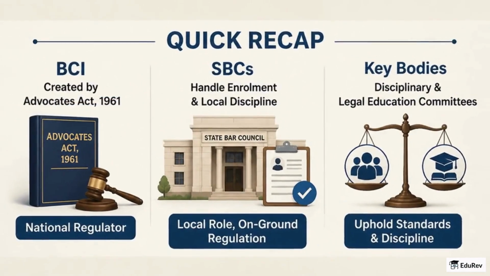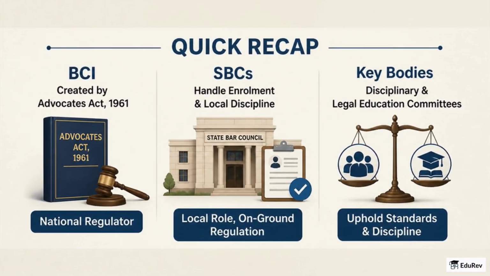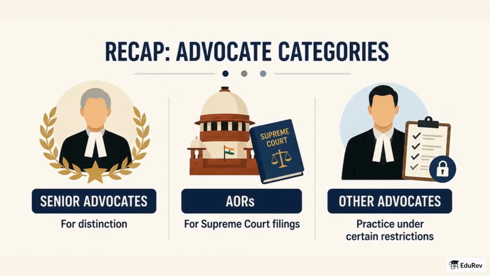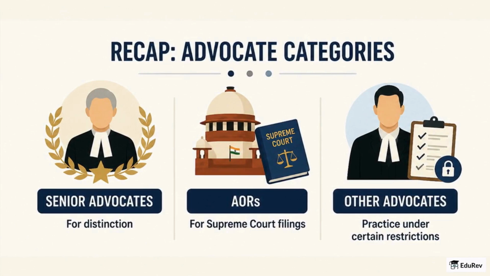Quick recap. BCI, created by Advocates Act 1961, National Regulator. SBCs handle enrollment and local discipline. Key bodies include disciplinary and legal education committees. Also recap categories: senior advocates for distinction, AORs for Supreme Court filings, and other advocates who practice under certain restrictions.